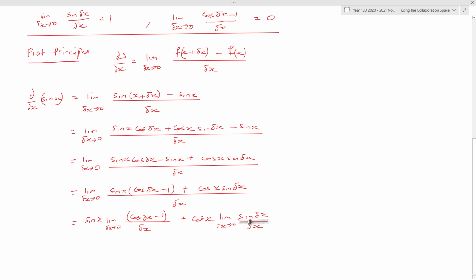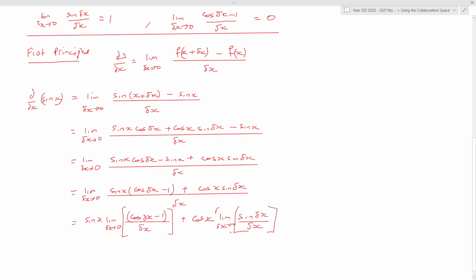Now we can see why we need those results we started off with. So let's see, if I put brackets here and here, and here and here. So our first result is that the limit of sine of delta x over delta x equals 1.